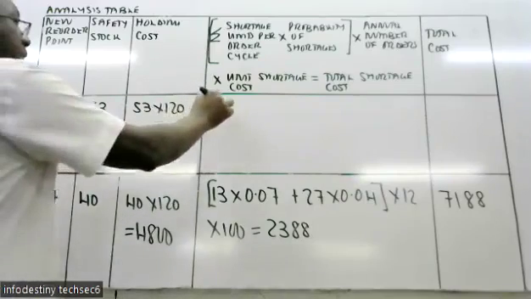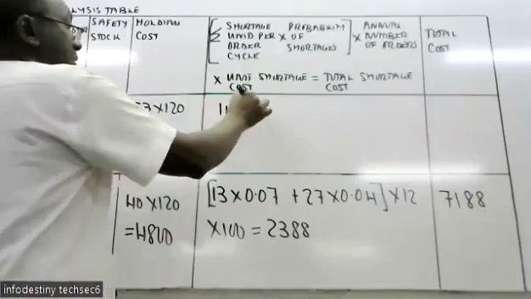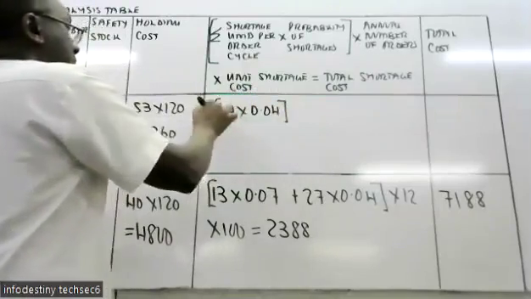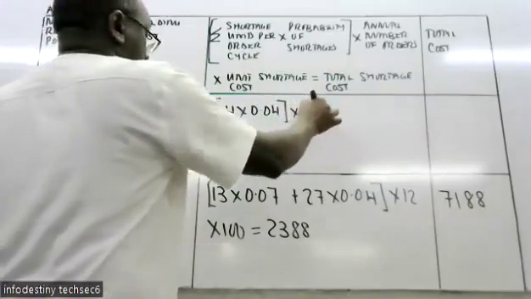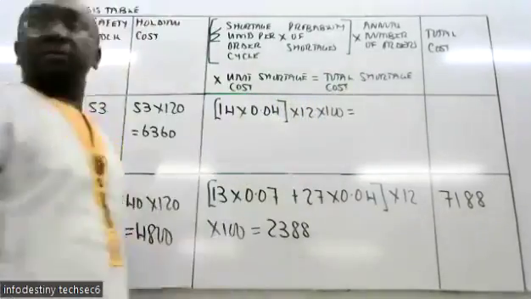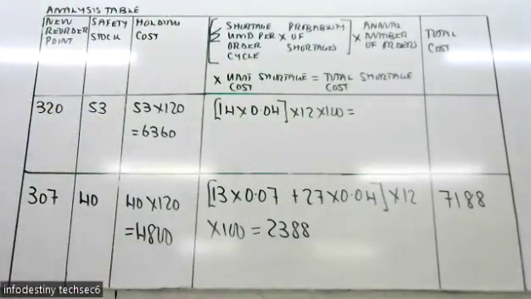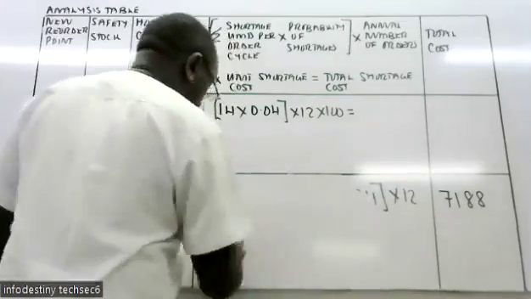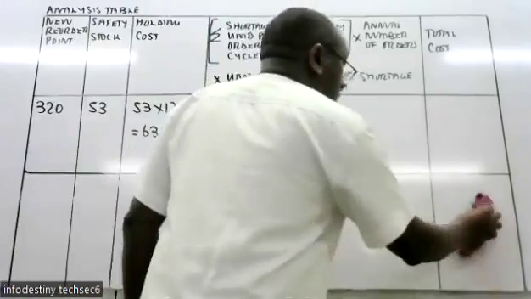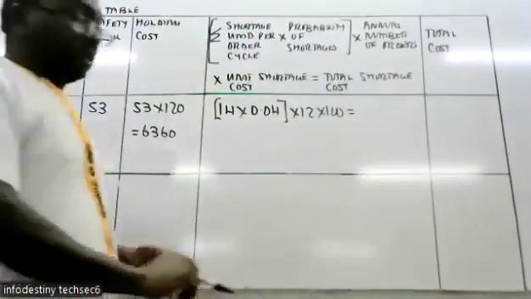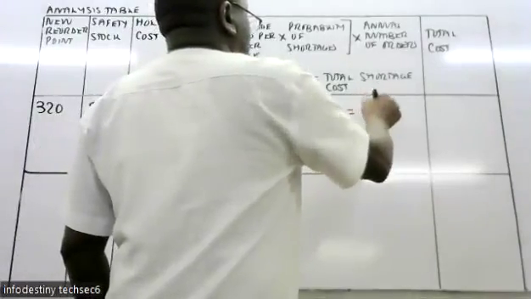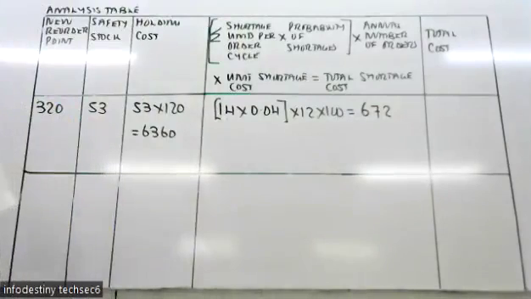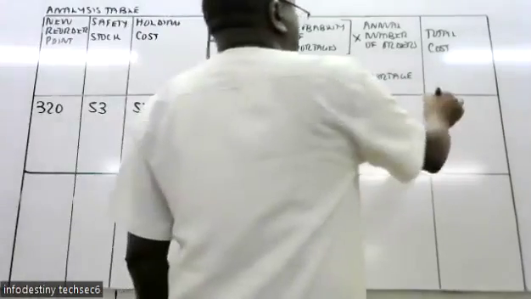Okay, 14 with a probability of what? 0.04, multiplied by 12 multiplied by 100. Sema? 672. So 672, ukiadd 6360, 7032.